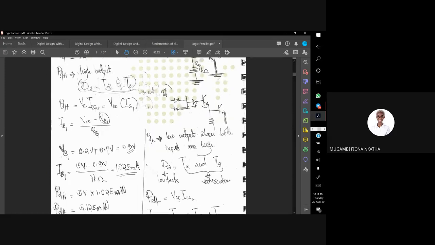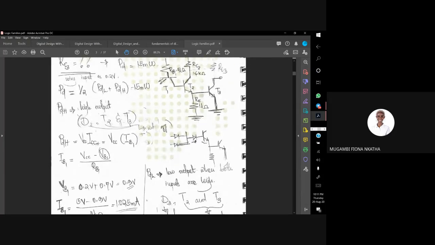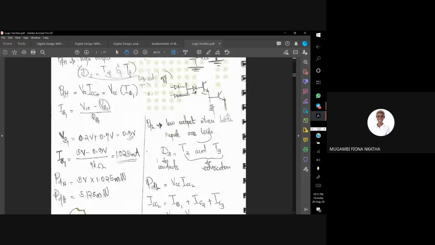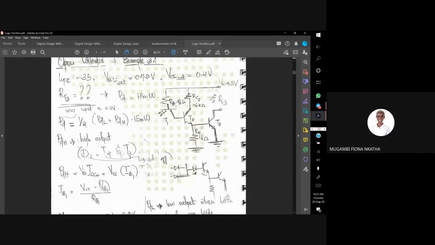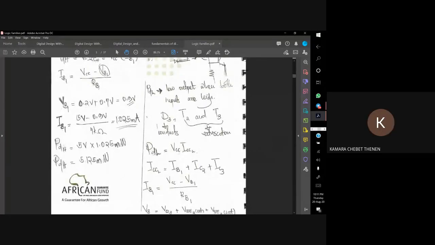So IB1 will be 5 minus 0.9, divided by 4K, which gives 1.025 milliamperes. So PDH will now be equal to this IB1 times the VCC, and our VCC is 5 volts.